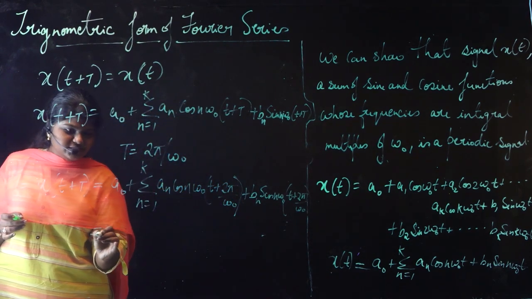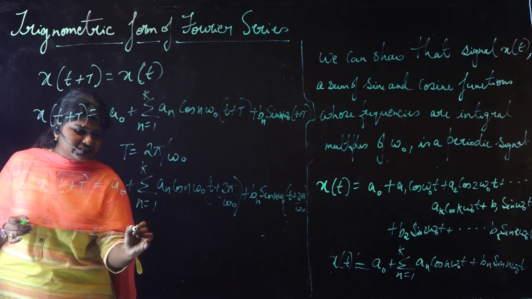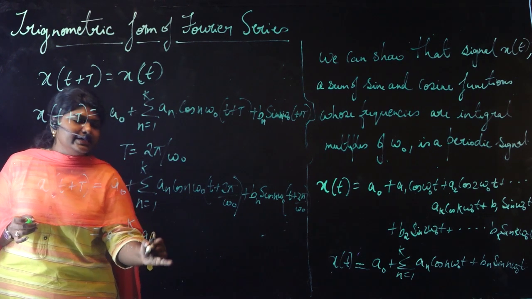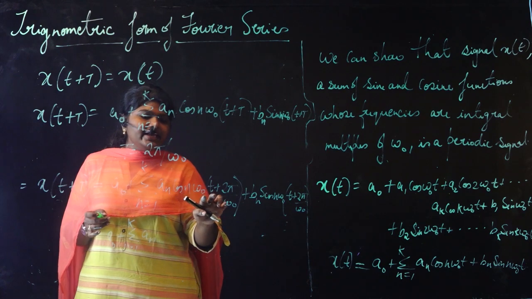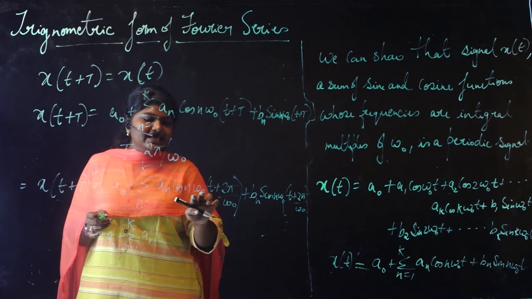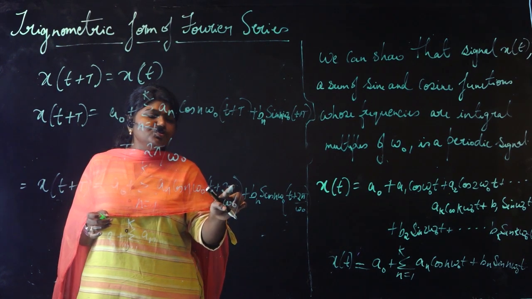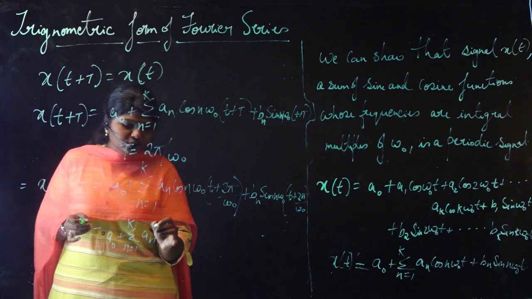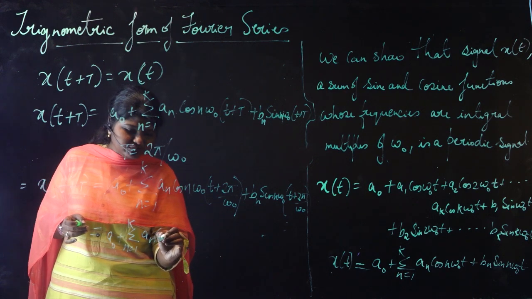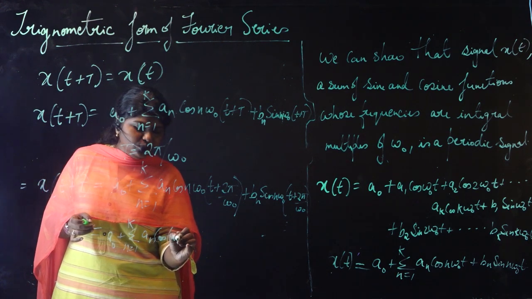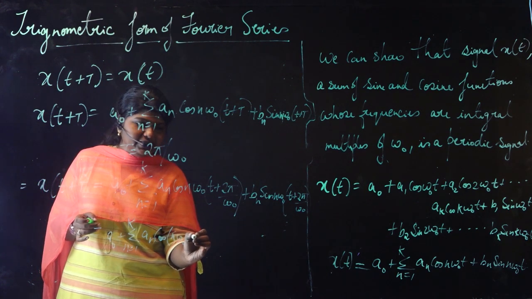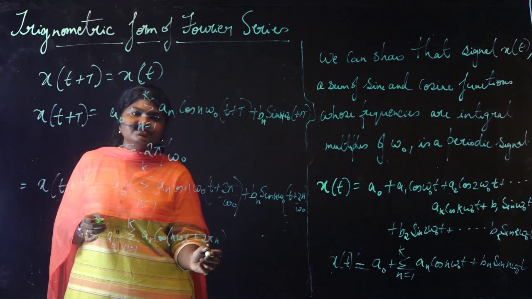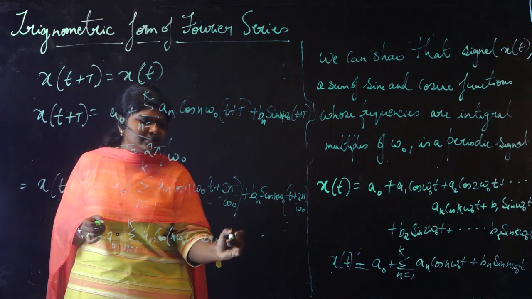Okay, so this will be a₀ + Σ (n=1 to k) aₙ cos(nω₀t + nω₀ · 2π/ω₀), and ω₀ gets cancelled. So this will be cos(nω₀t + 2πn), because ω₀ and ω₀ get cancelled.